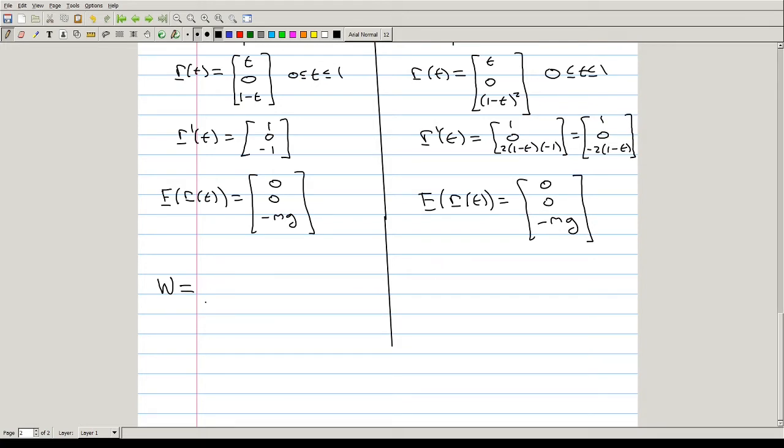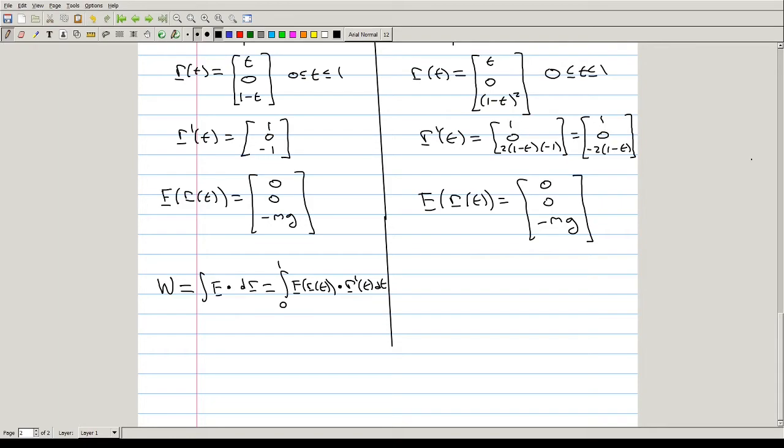So then the work is the line integral of F dot dr, which as we've seen simplifies to the normal integral from 0 to 1 of F of r of t dot product with r prime of t dt.